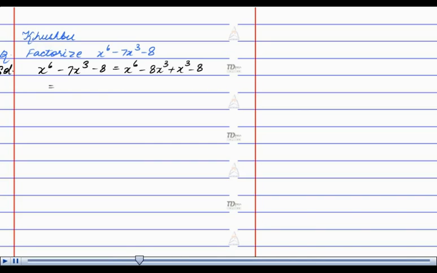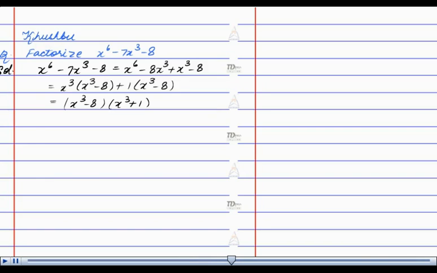Taking out x cube common from the first two terms, we are left with x cube minus 8. Taking out 1 common from the last two terms, we are again left with x cube minus 8. Now taking out x cube minus 8 common, we are left with x cube plus 1.